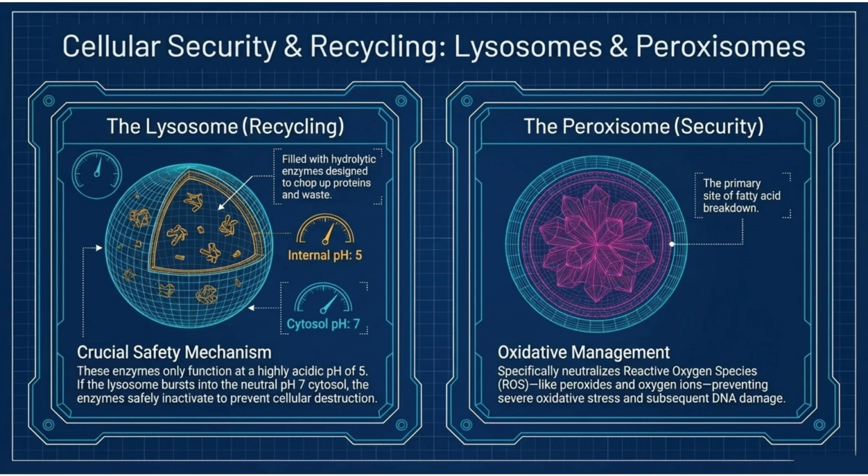This pH difference is a crucial safety mechanism, ensuring that these enzymes are only active within the lysosome and do not damage other cellular components if accidentally released. Peroxisomes, on the other hand, act as the cell's security system, primarily involved in fatty acid breakdown and neutralizing harmful reactive oxygen species, such as peroxides.